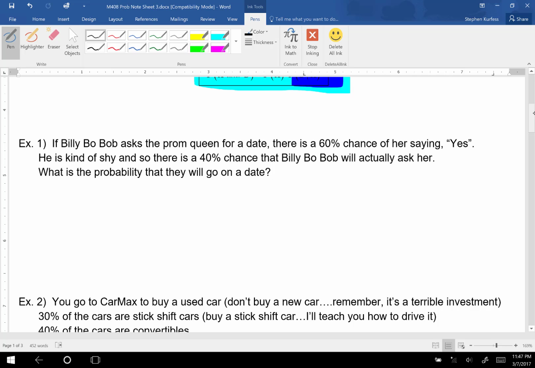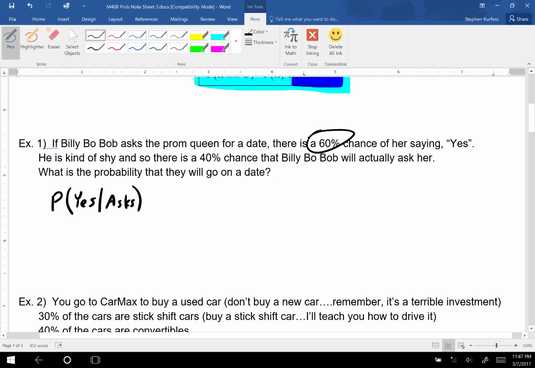So what you have here, math fans, is the probability of her saying yes given that he asks. Well, that is given here, in the first statement. That's the 60%, right? The probability of her saying yes given that he is going to ask.